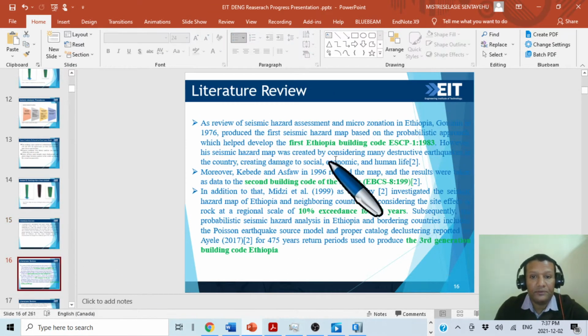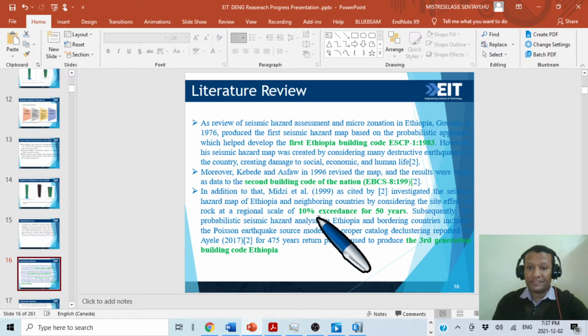Let's continue. When we come to Ethiopia, we have the first Ethiopian building code, the second Ethiopian building code, and third generation building codes. All of them are the same. As I told you, they are adopted codes. But when we come to seismicity, as in a review of seismic hazard assessment and microzonation in Ethiopia, Gouin in 1976, he's a Canadian, produced the first seismic hazard map based on the probabilistic approach, which helped develop the first Ethiopian building code, ESCP, in 1983.